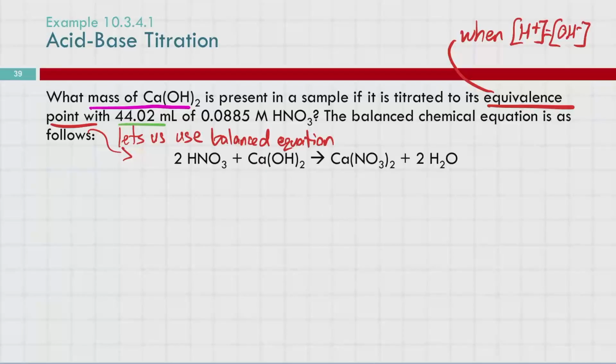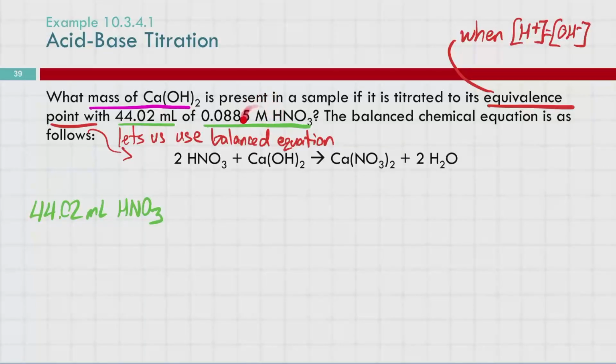And it took 44.02 milliliters of this concentration of HNO3. We've got 2 variables for our HNO3. That's the chemical that we're going to start with. So 44.02 milliliters HNO3.